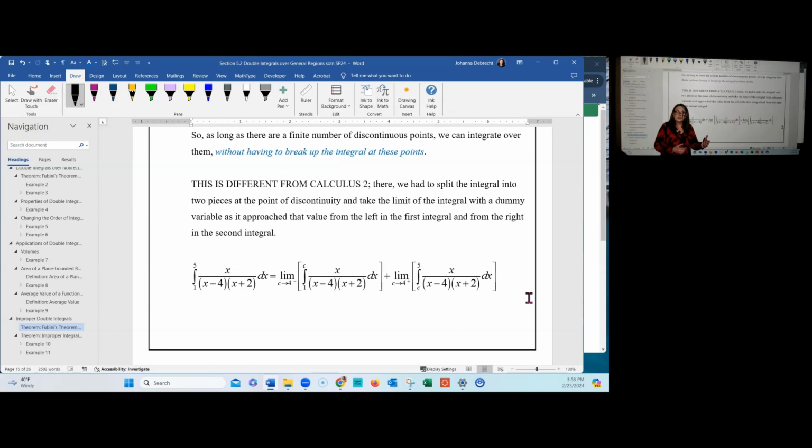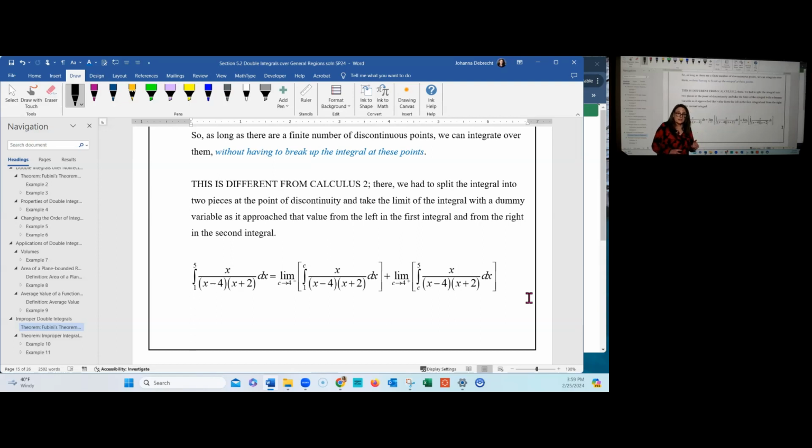In calculus 2, if 4 was a vertical asymptote point and it was between the limits of integration, such as 1 and 5, we had to split the integral into two parts at 4. In a function of two independent variables in three-dimensional space, we do not have to do that. We can simply evaluate as we normally have.